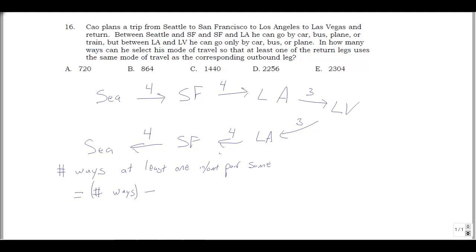So if it's not the case that at least one in-out pair are the same, that's going to be the number of ways where all of the in-out pairs are different. So that's really the trick here as we do this.